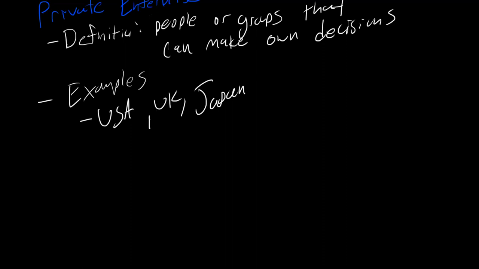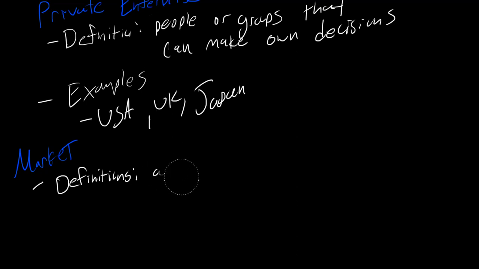So what does market really mean? You've heard of it and you're like, oh yeah, I know what a market is, you go buy your apples or whatever. In economics, a market is a little bit simpler. A market just means a place where buyers and sellers meet.